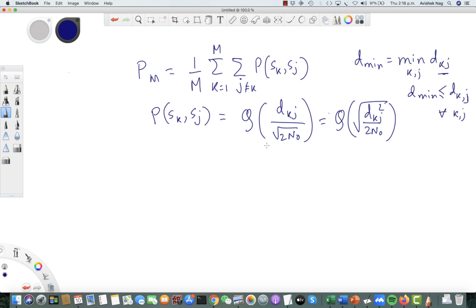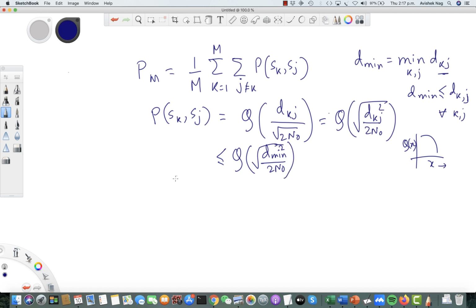So then you can write this because of the property of the Q function, which says that as x increases, Q of x falls sharply like this. So you can say that this is basically less than or equal to the Q function with d min square by twice N0.